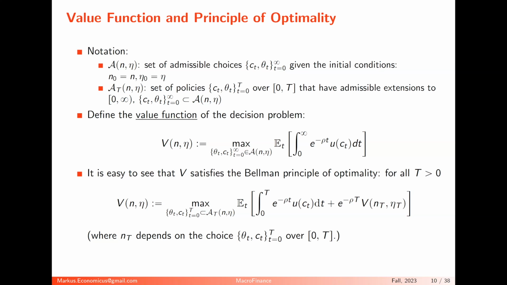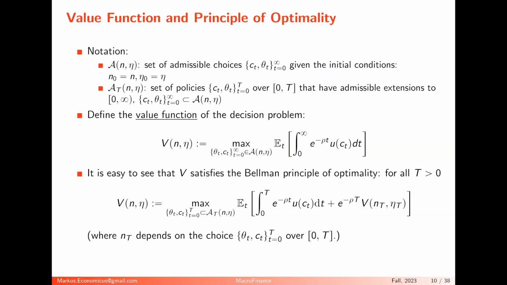So you have a set of policies from 0 to capital T that have to be admissible extensions of, and a subset of, this initial set we have up there. Now, you define a value function as you typically define it. You maximize over the optimal portfolio choice and the optimal consumption choice within this admissible set the expected utility, discounted at the discount rate rho.